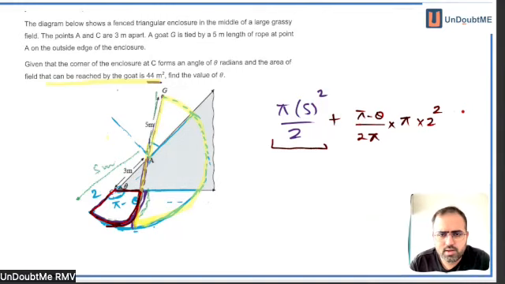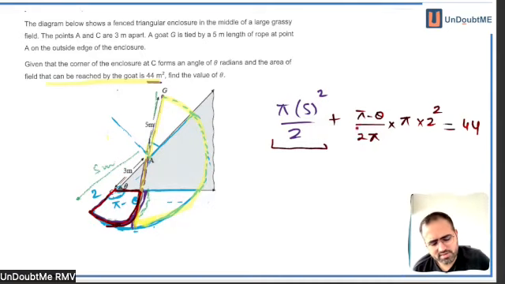Okay, what I have written right now with this red and black, if anyone has doubt in that, you can ask. So what I'm saying is that if you take this assumption, then sector plus this semicircle will give you the total area, and that will be equal to 44. And over here, if you check now, the only unknown is theta. So we can get the value of theta directly by solving this equation.